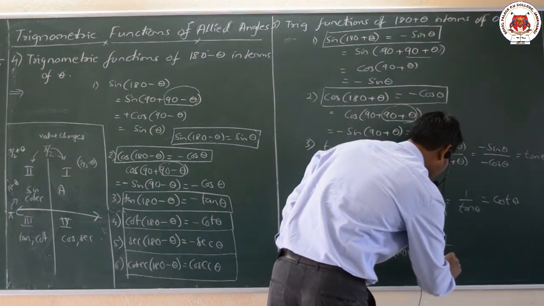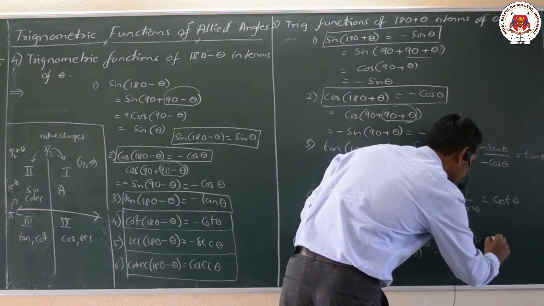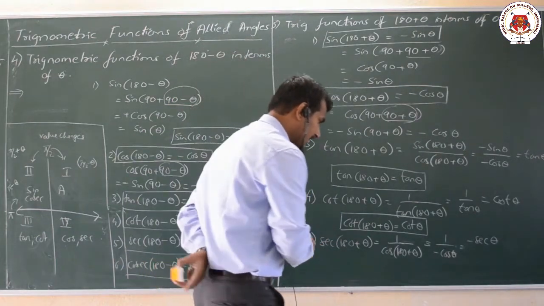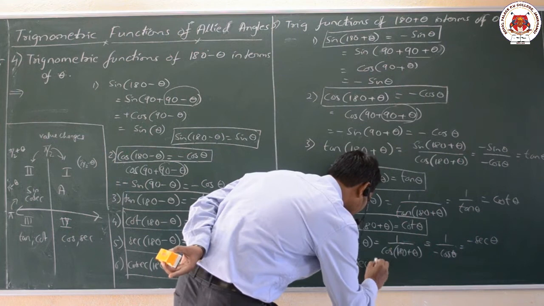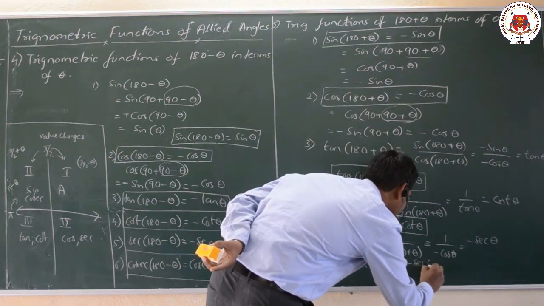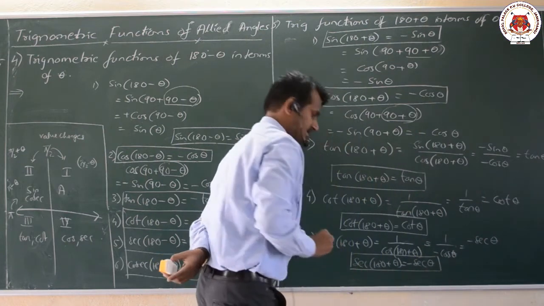So 1 divided by minus cos theta, where 1 by cos is secant, gives minus secant theta. So ultimately secant of 180 plus theta is minus secant theta, which is the required result.